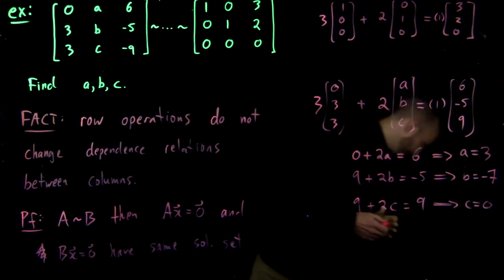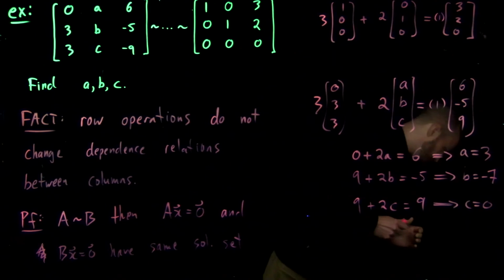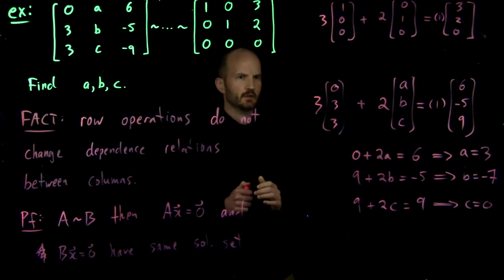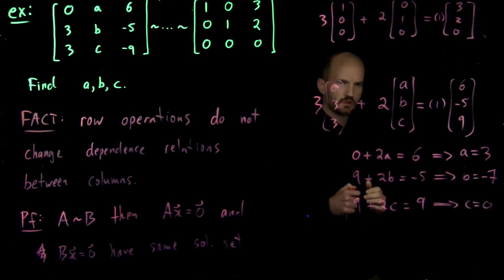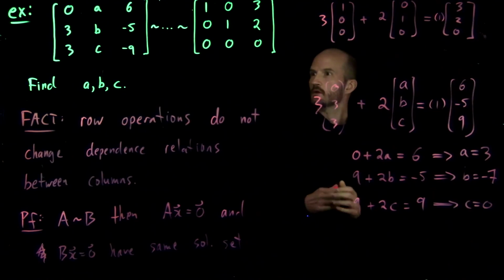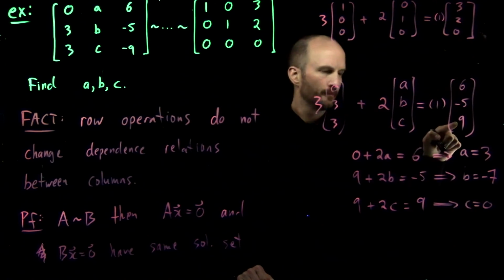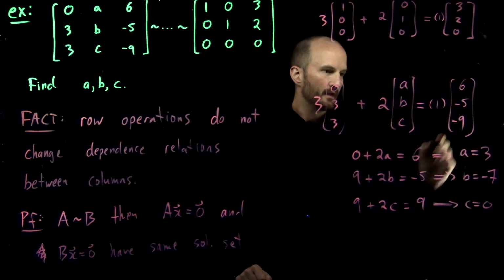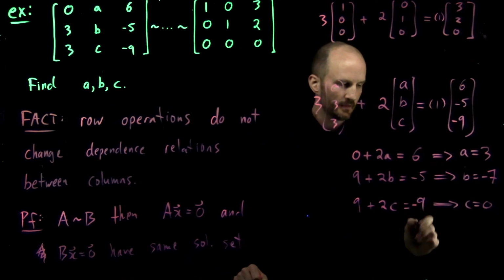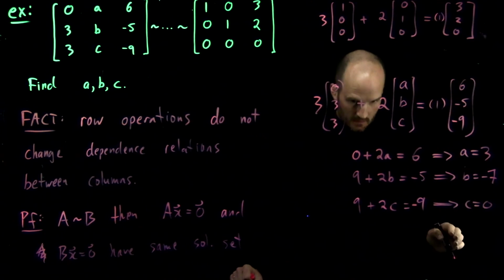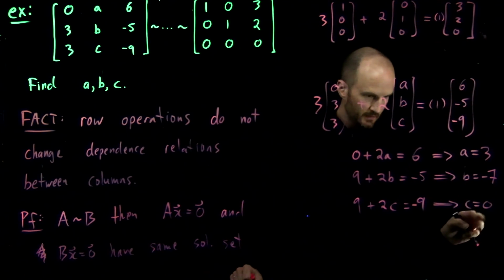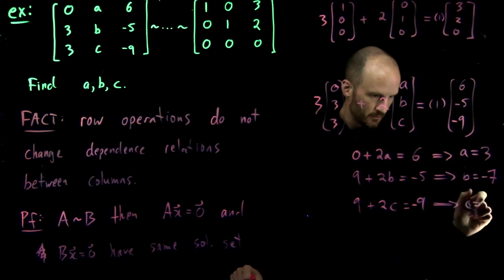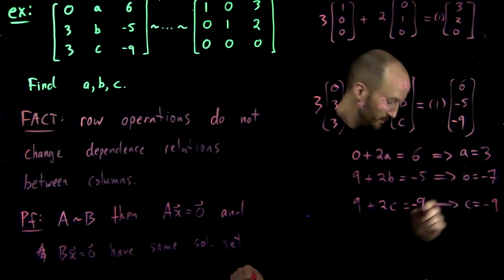So let's recap here. Oh, something's gone funny. What has gone funny? 2C is 9, 6, -9. Aha. Typo. C is -9. Just barely caught that one.